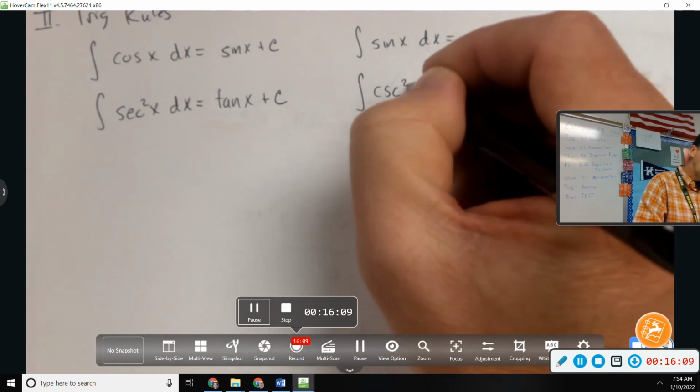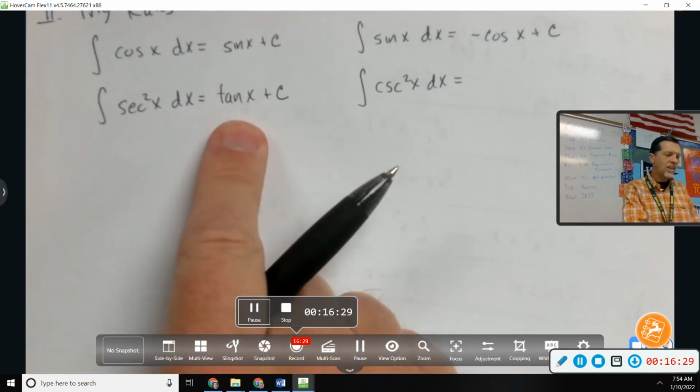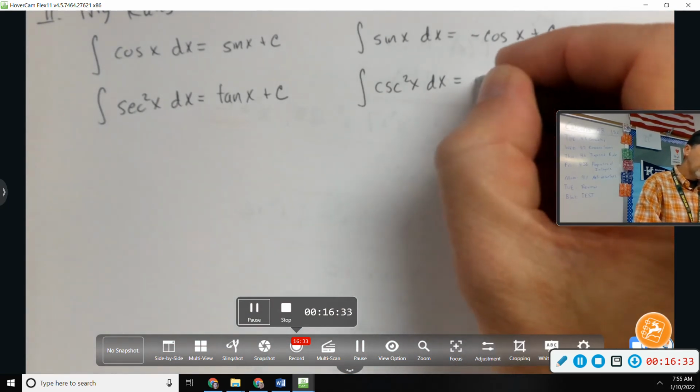You know the first one, you can usually figure out the second one. The antiderivative of cosecant squared. That means who has a derivative of cosecant squared? Well, if tangent led to secant squared, cotangent, but it would need to be negative.